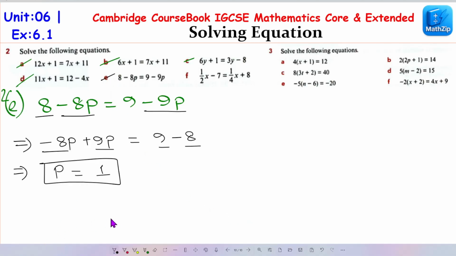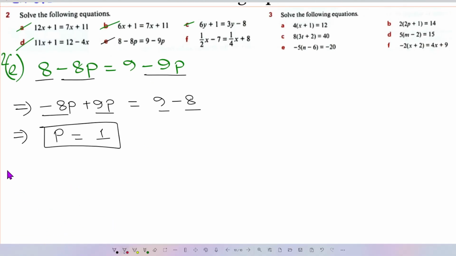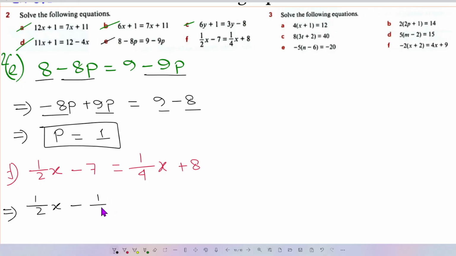Okay. Number F. 1 by 2x minus 7 equals 1 by 4x plus 8. So first 1 by 2x minus 1 by 4x equals 8, and this minus 7 becomes plus 7.